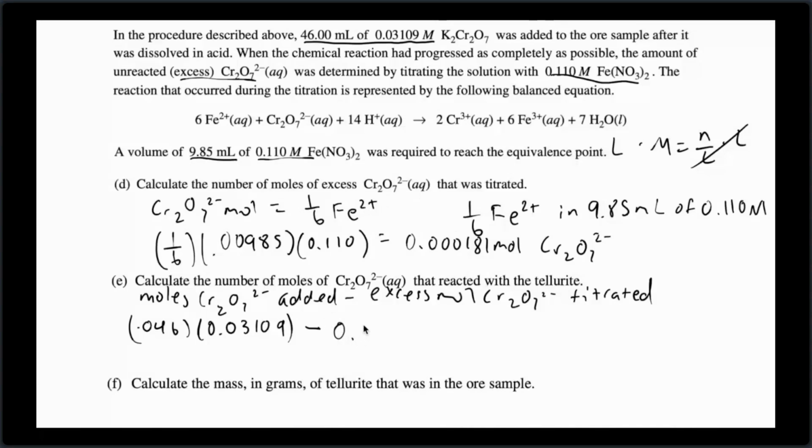So that would be 0.000181, and when you multiply 0.046 times 0.03109 and subtract 0.000181, you get 0.001249 moles of our Cr2O7, and that's your answer.